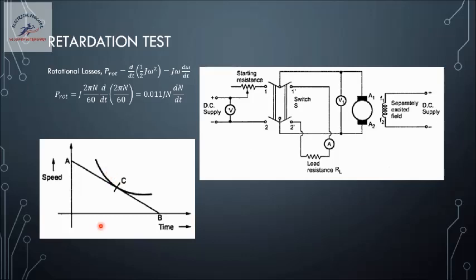For this graph, if we draw a tangent and find its slope, that is delta N, the change in speed, by delta t, so that is dN by dt, we can find the rate of change of speed. Performing this test is to find dN by dt or d omega by dt, and then substitute in this formula to find the rotational loss.